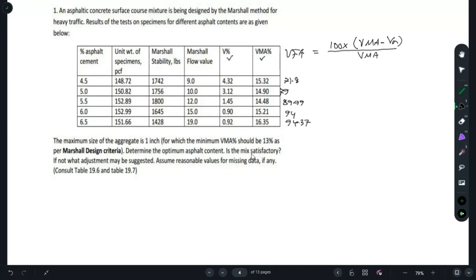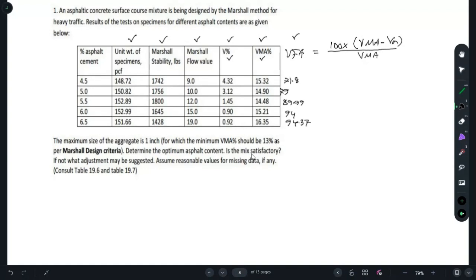So we have six criteria. One is unit weight, the other one is Marshall stability, we have Marshall flow value, we have void of air, we have a void of mineral aggregate, and we have void filled with asphalt.